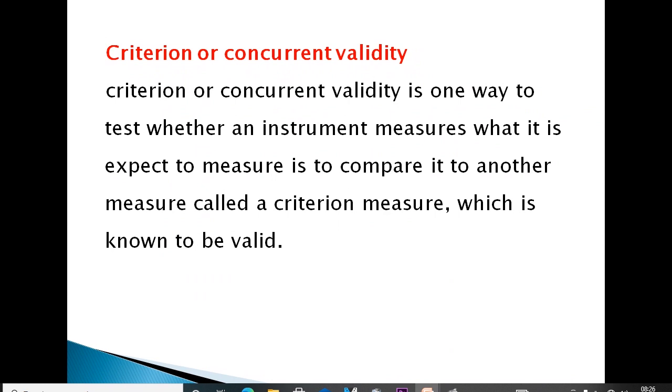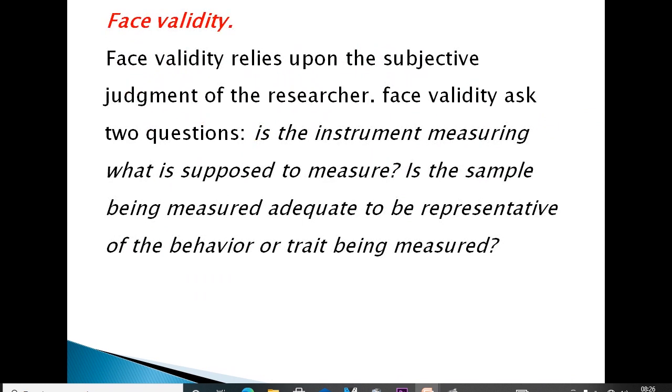Then we have face validity. Face validity relies upon the subjective judgment of the researcher. By face validity, the researcher asks himself two questions. Is the instrument measuring what it is supposed to measure?